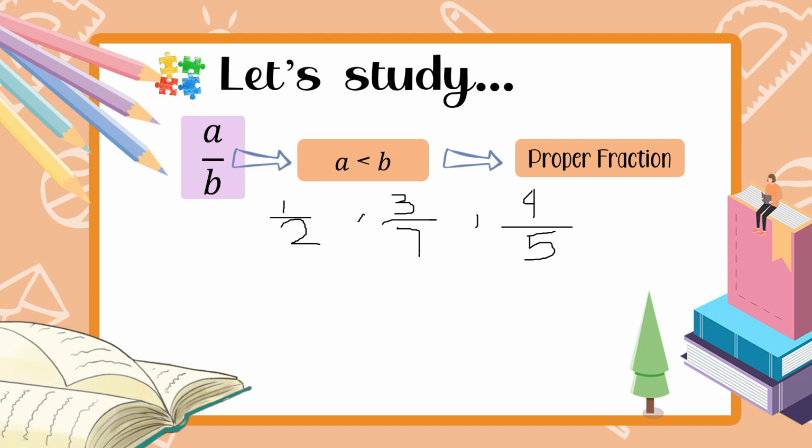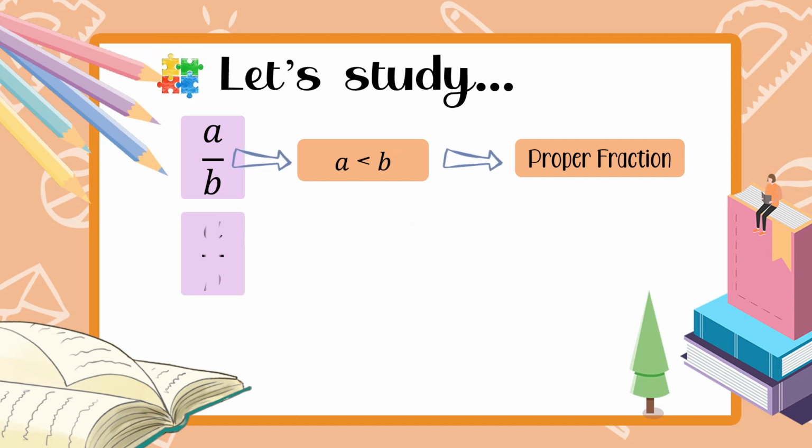As you can see, the numerators here are 1, 3, and 4, which have a lower value, or mas maliit ang value niya kung i-compare natin sa ating mga denominator. So, these are examples of a proper fraction. Dapat pag proper fraction, mas maliit ang numerator kaysa sa denominator.